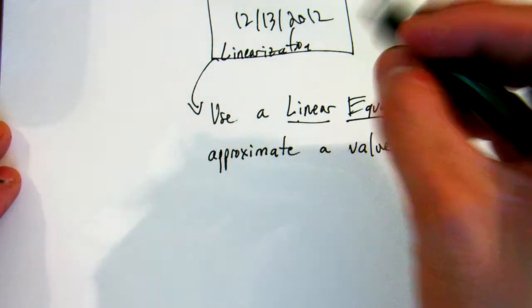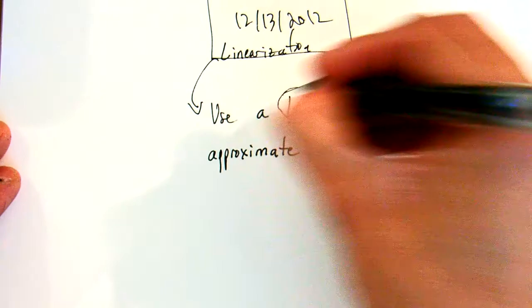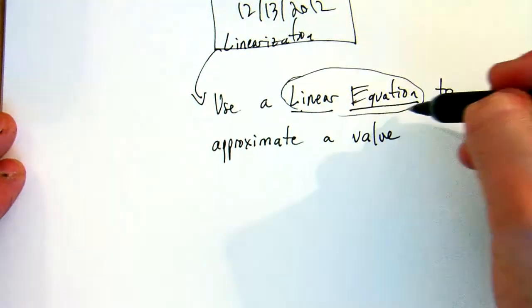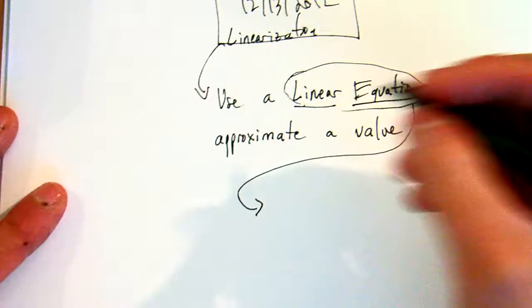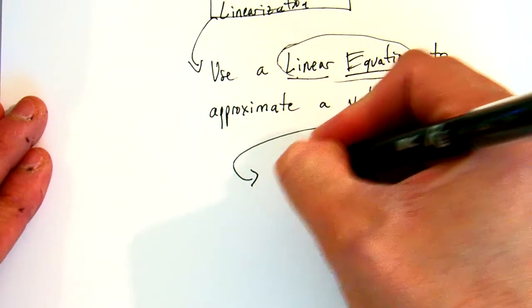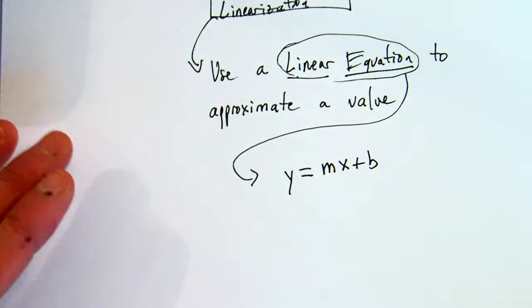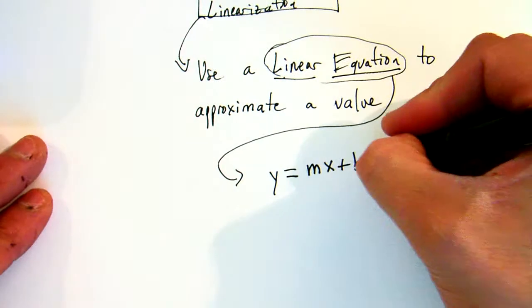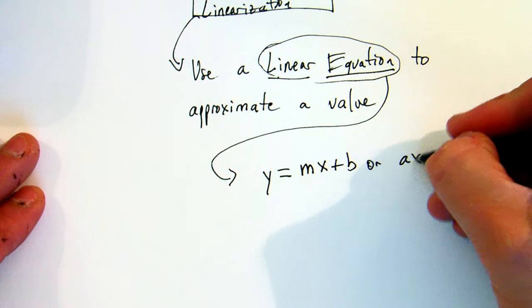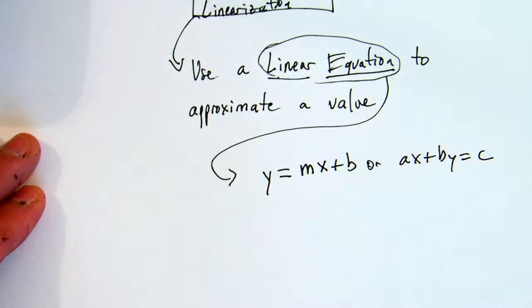Question, what's a linear equation here? Yeah, there are two forms, remember. In Algebra 1, it was y equals mx plus b, right? Or you've also seen them as ax plus by equals c, maybe.